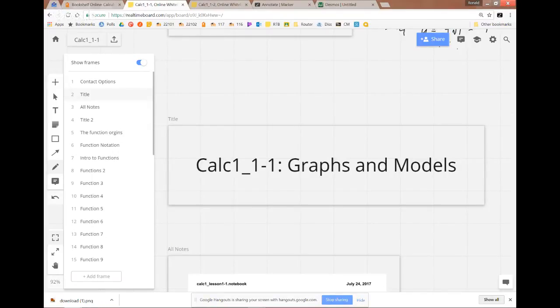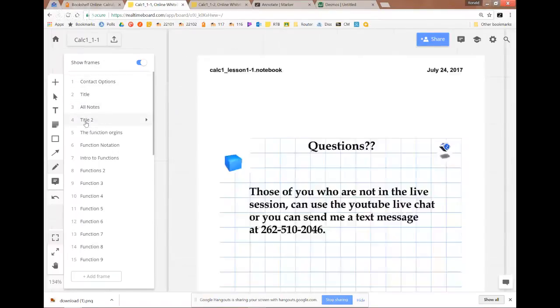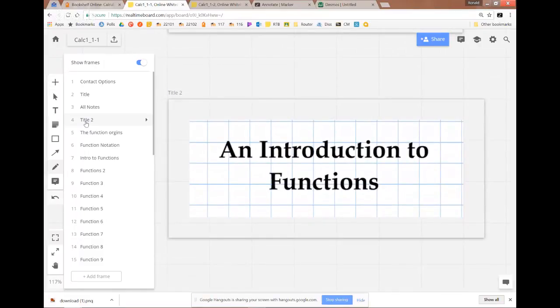When you move your mouse, you should see this little window come up on the left, and way at the top left, there's this blue text thing, and that's your chat window. You can type in there. You can certainly text me by using my phone number. Let me just go back and look at that. So there's a reminder of the options you have. Okay. So the first lesson is called An Introduction to Functions.